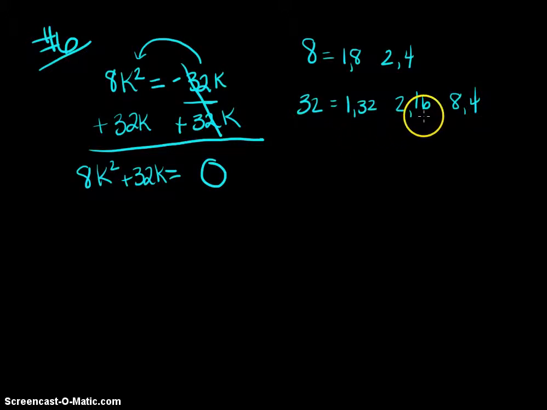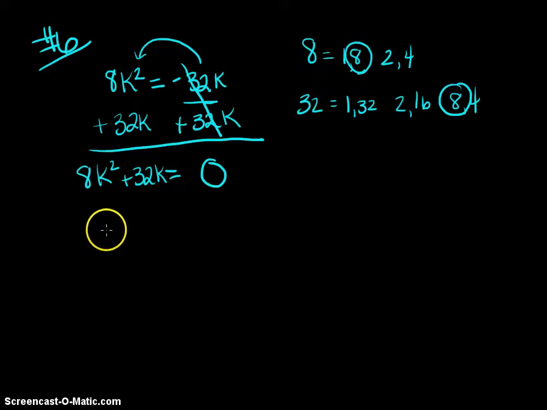I believe that's it. Yep. Then we want the greatest number that they have in common, and it looks like that's going to be 8. So the common factor of 8 and 32 is 8.